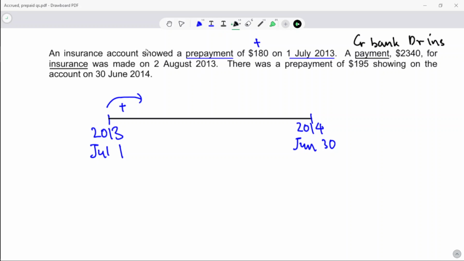Then the next one, 30 June prepayment, outside, so minus.